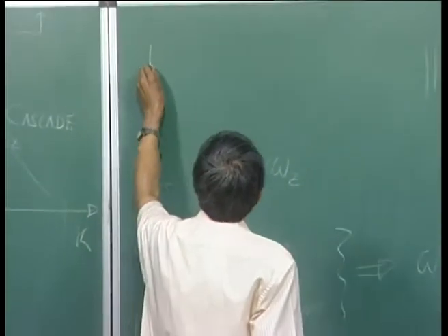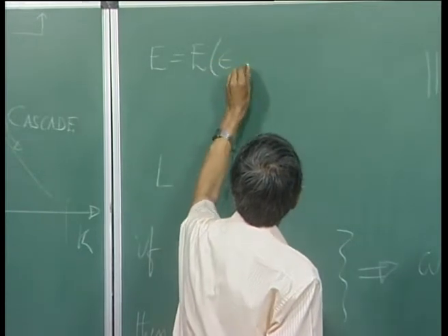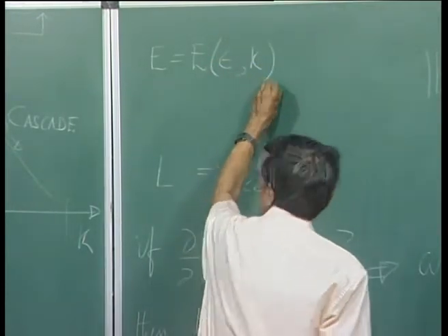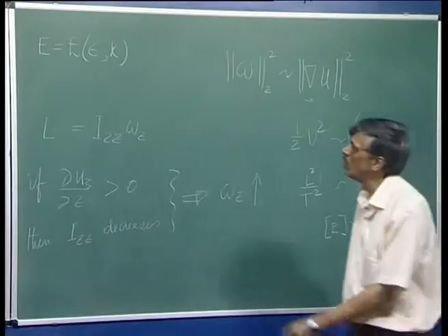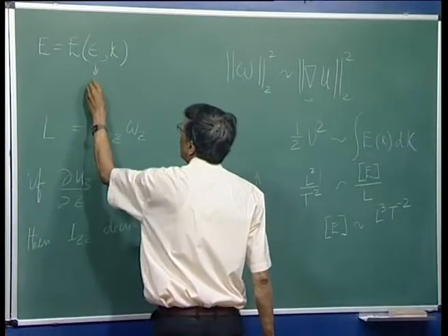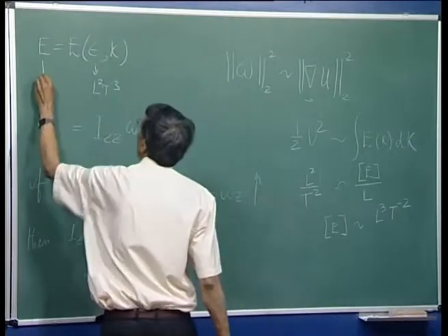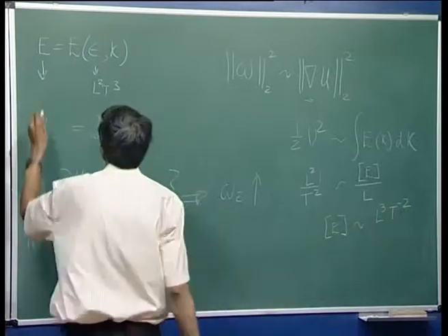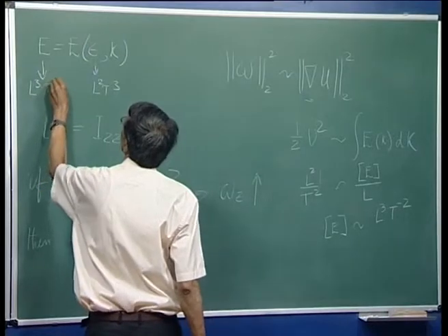Now, we said that E is a function of epsilon, E is a function of k, right. So, we have already seen what is the dimension of epsilon, and this dimension as we have given is L cube t to the power minus 2.